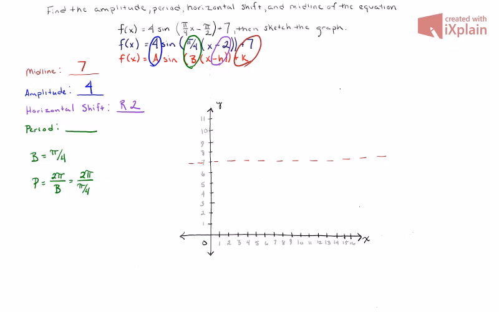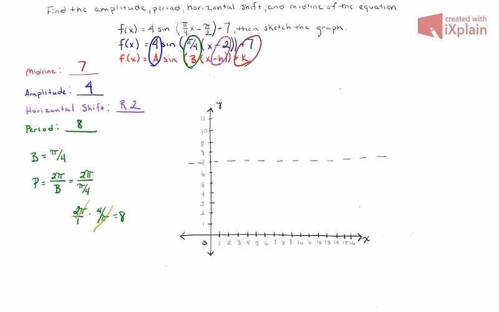Knowing what we know about the division of fractions, we can skip the numerator, flip the denominator value, and multiply. If you need to, feel free to put a 1 underneath the 2 pi to help keep everything visually organized. I can see that my pi's will reduce out, and this leaves me with a period of 8.